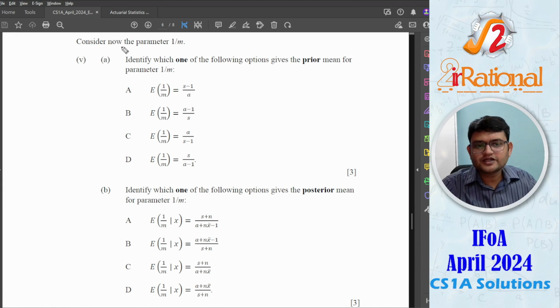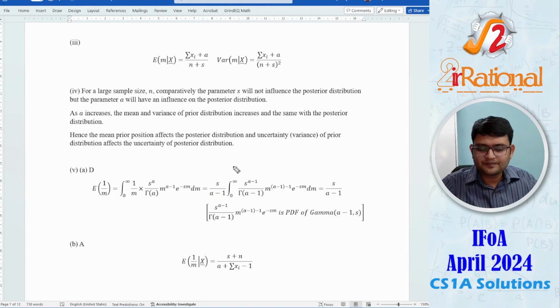For the fifth part, consider now the parameter 1 by m. Part A, identify which one of the following options gives the prior mean for the parameter 1 by m. So m is following a gamma distribution. We'll use that to calculate the expected value of 1 by m. Expected value of 1 by m into the PDF dm.